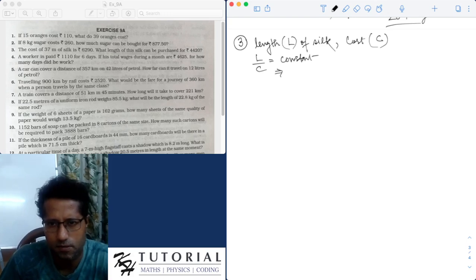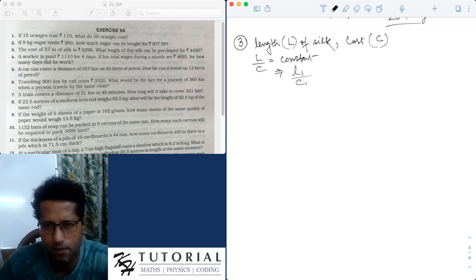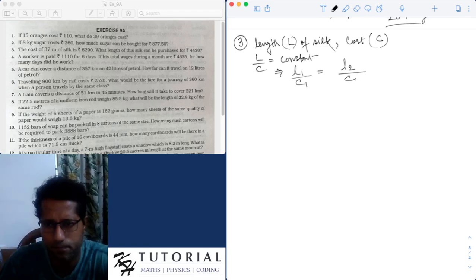This implies if L1 length of silk costs C1, this will be equal to L2 length of silk costing C2.